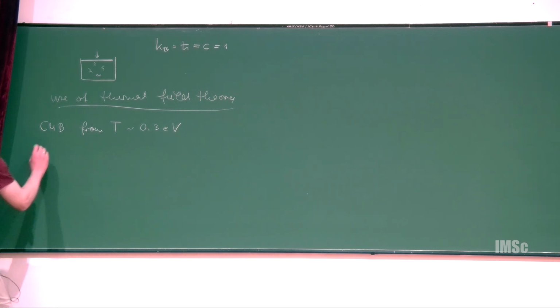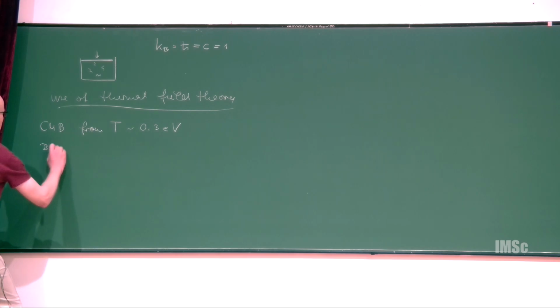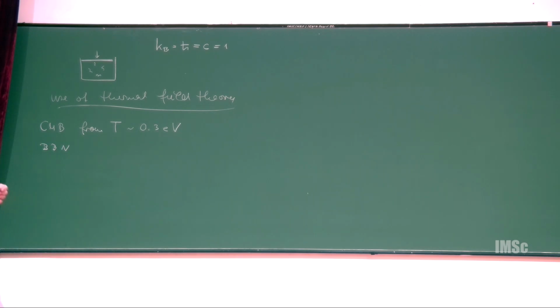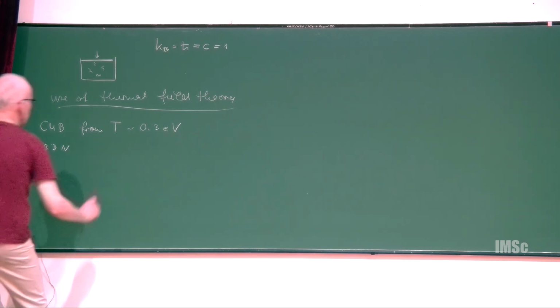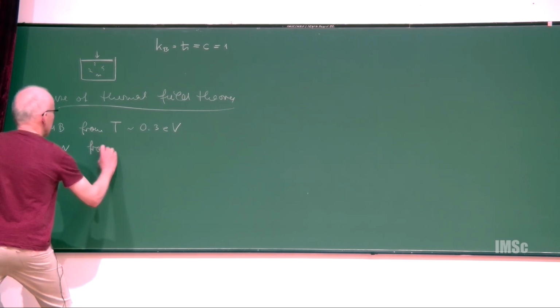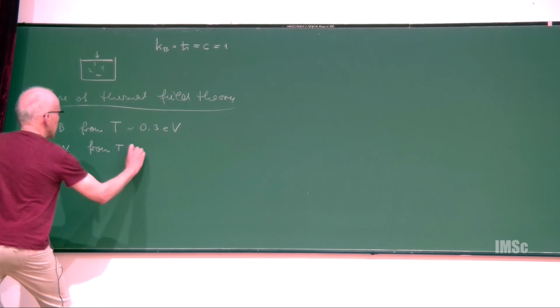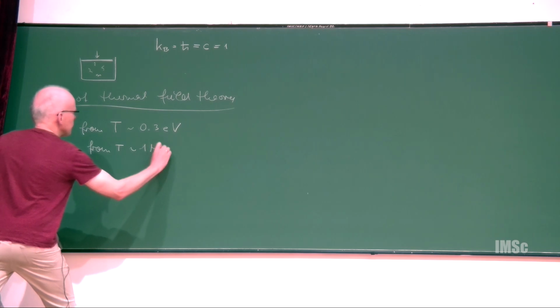So BBN, big bang nucleosynthesis, took place when the temperature was of order of the nuclear binding energy, so from temperatures of order 1 MeV.